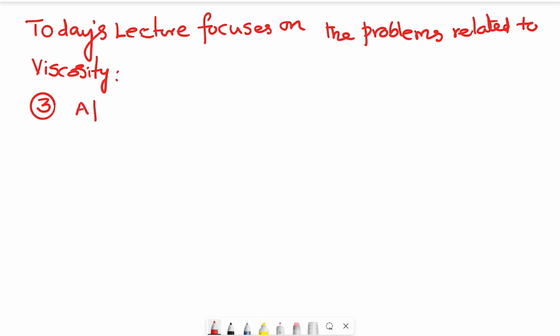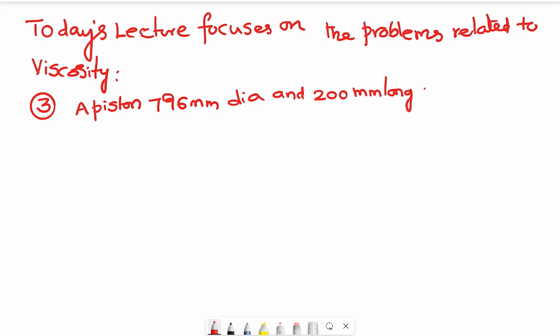A piston 796 mm diameter and 200 long works in a cylinder of 800 diameter.